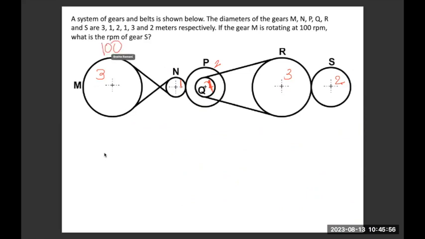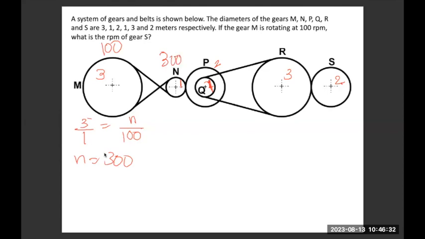So if I proportionately compare these two together, 3, which is the radius of M, upon 1, which is the radius of N, will be equal to, it is inversely related. So if 3 is in the numerator, the rotations of the gear with 3 will be in the denominator, which is 100. Or N will be here because it is inversely related. So N's speed will be 300 by cross multiplication. So N will be 300.